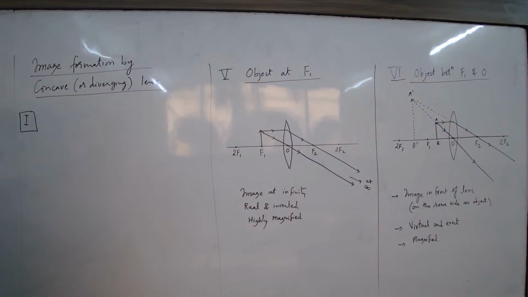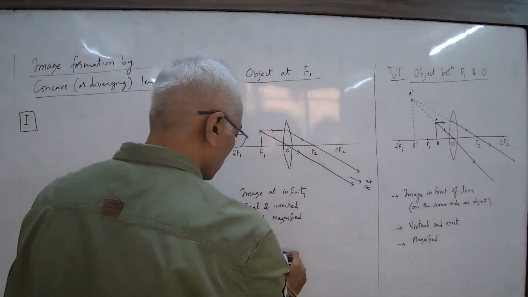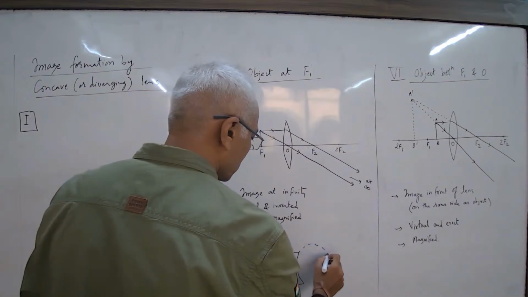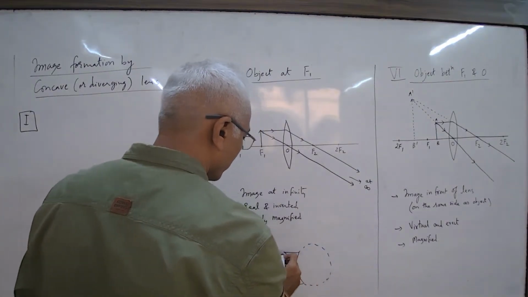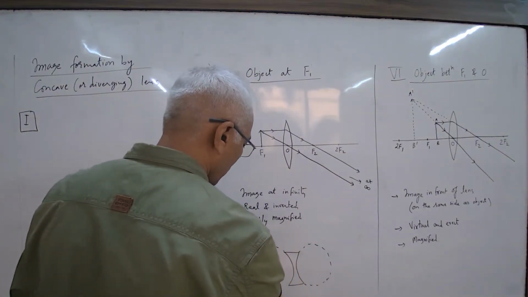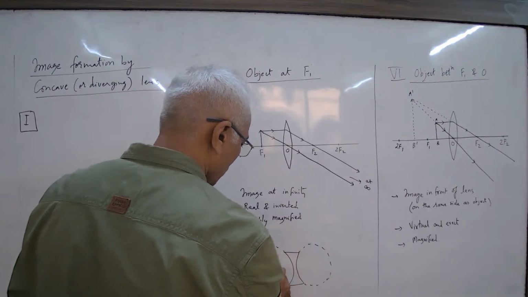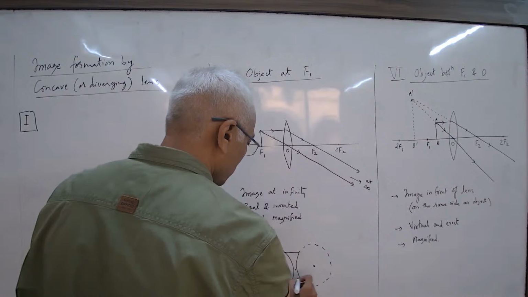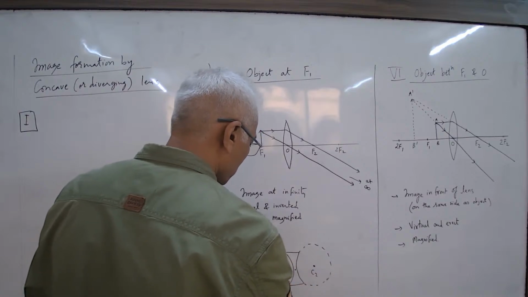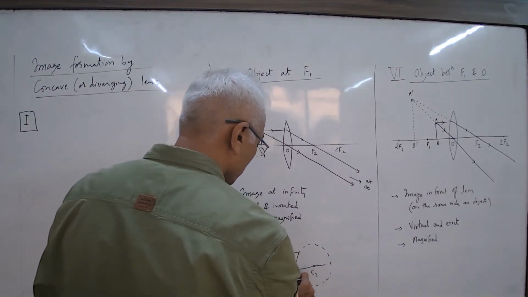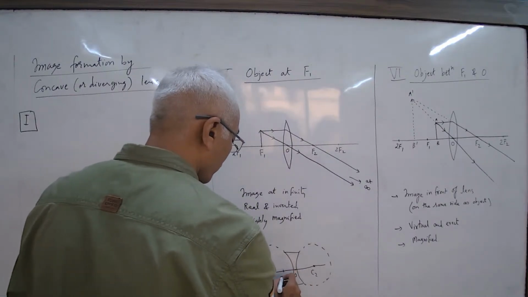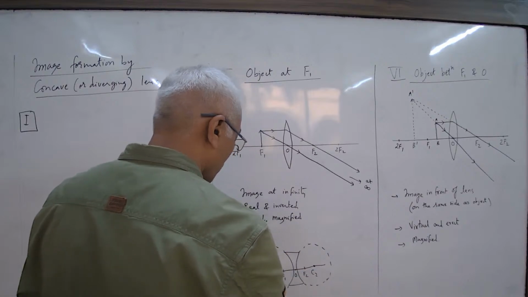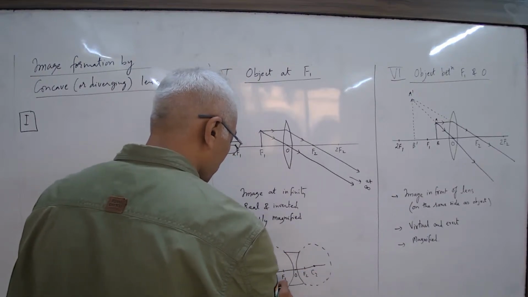In this case, it is cut out of two solid spheres like this. The concave lens also has two centers of curvature. C1 can be written as 2F1.